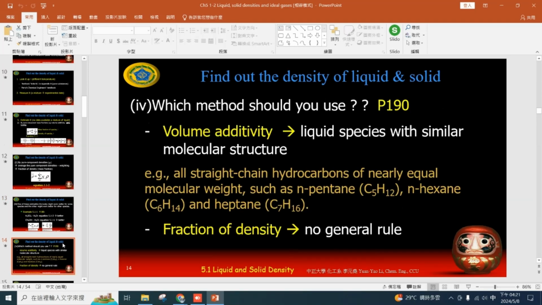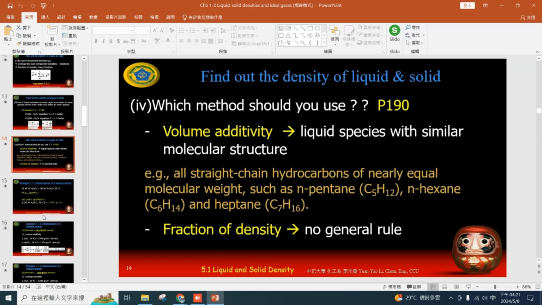So we have two methods. One is called volume additivity. You add up volumes, and this is one of the methods to get the density of the mixture. And the second one is called the fraction of density. They use the mass and use the fraction. So there are two methods to get the answer of the density.